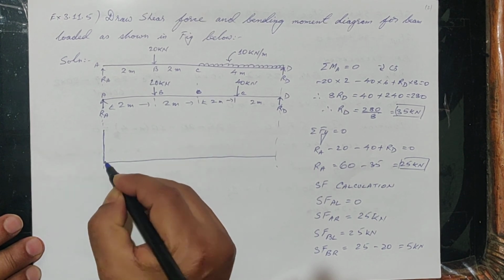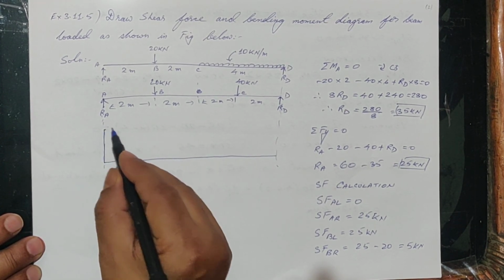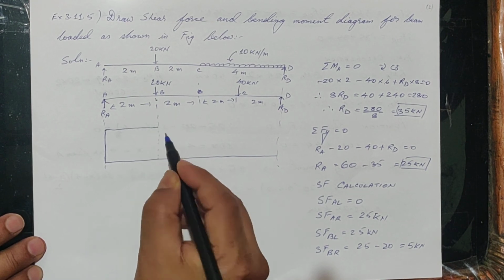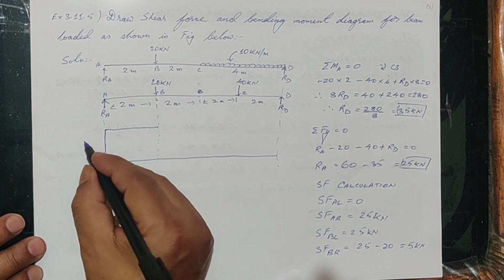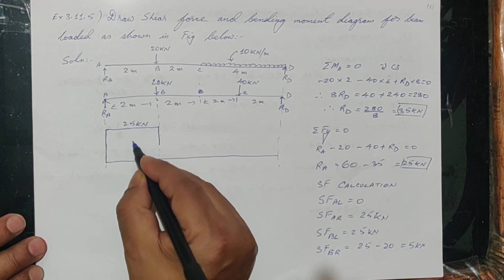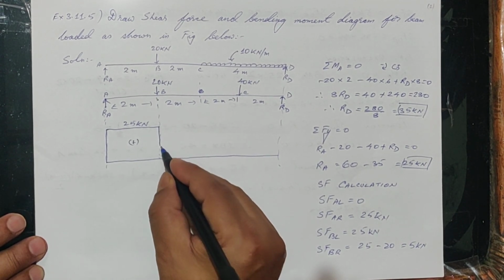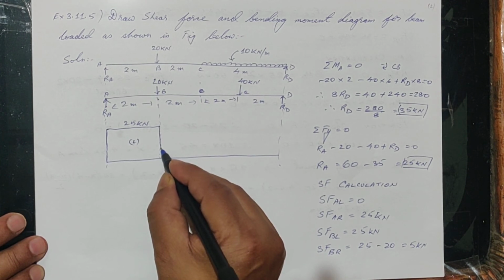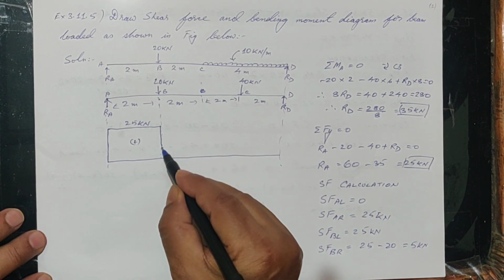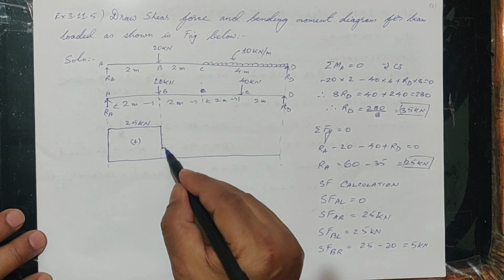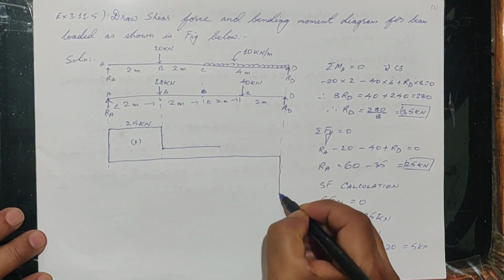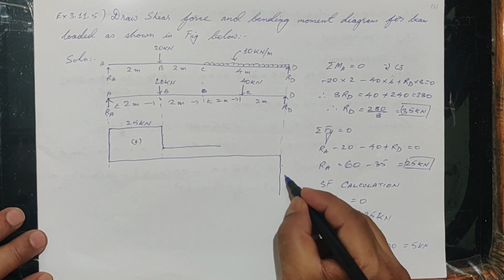Here we have 25, this is 25 kilonewton, and this is positive, and here it comes down to 5, and here it comes down to minus 35.